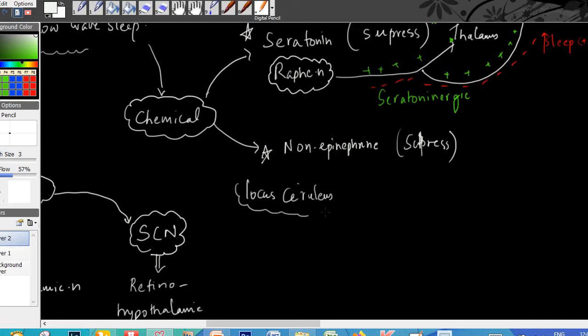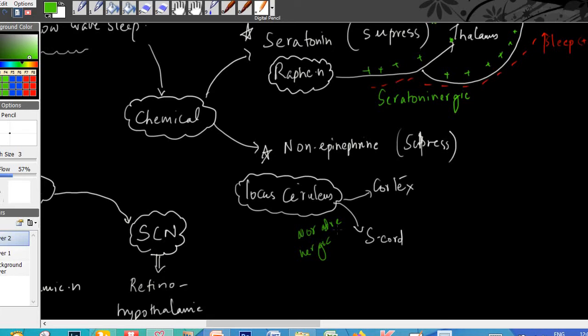The locus ceruleus has connections going down to the spinal cord and up to your cortex. These are noradrenergic pathways.